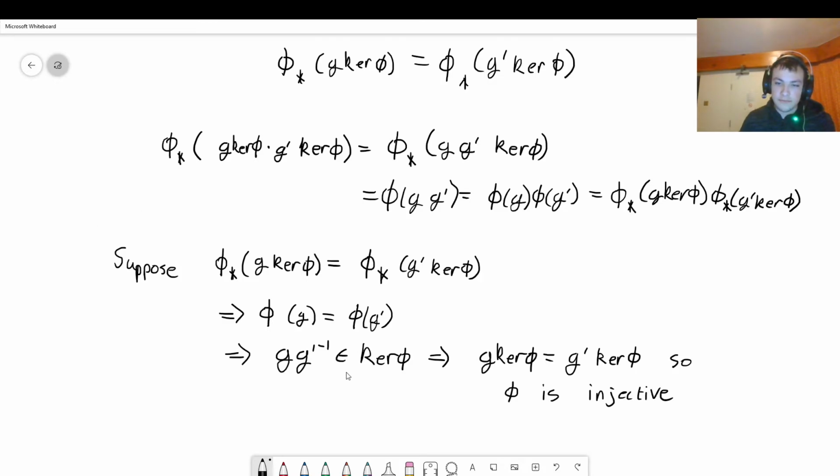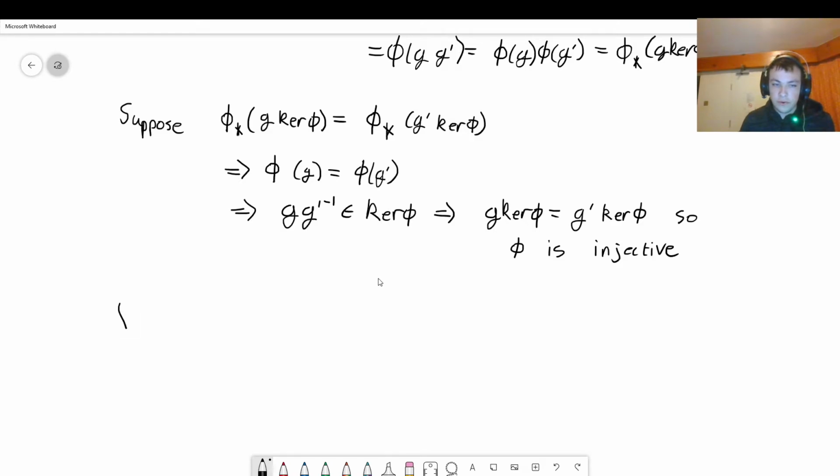And finally, for all h in the image of phi, there exists some g in G such that phi of g is equal to h.